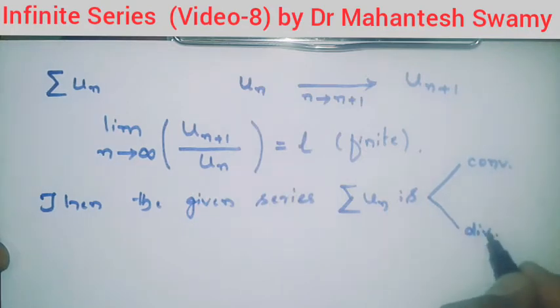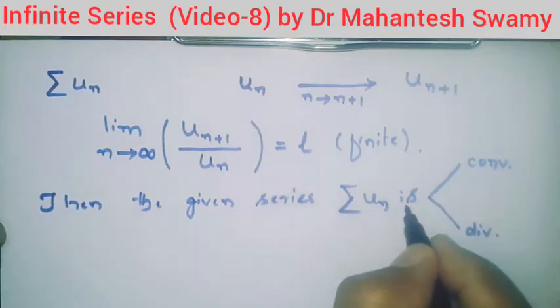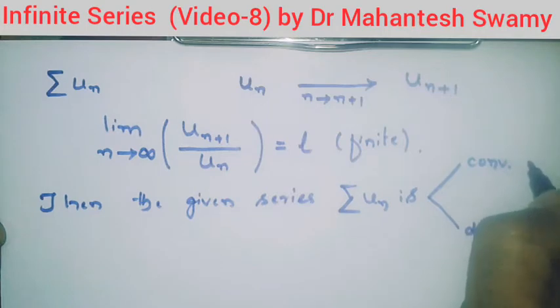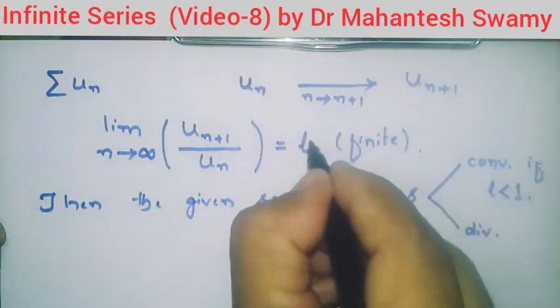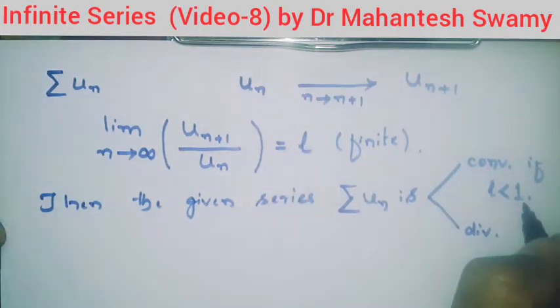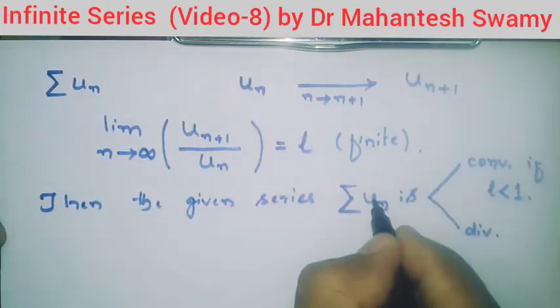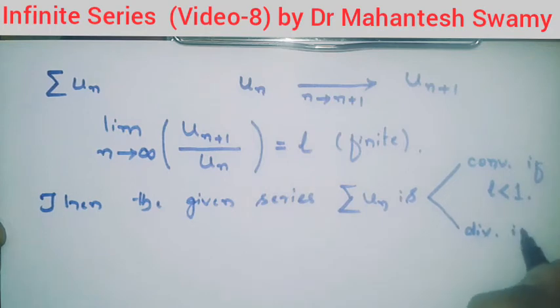We know this because we are dealing with a series of positive terms. So the given series un is convergent if the condition L less than 1 is satisfied. If the limit L is greater than 1, then we say that the series is divergent.